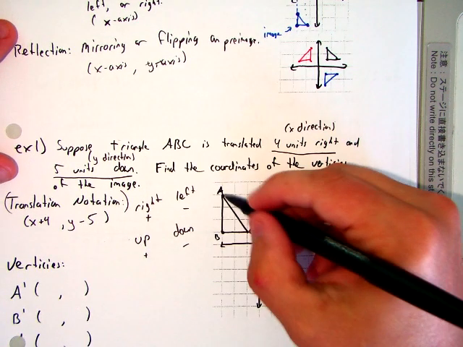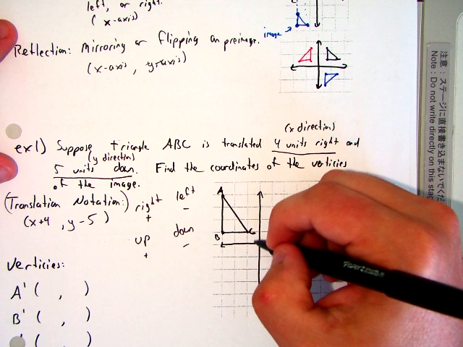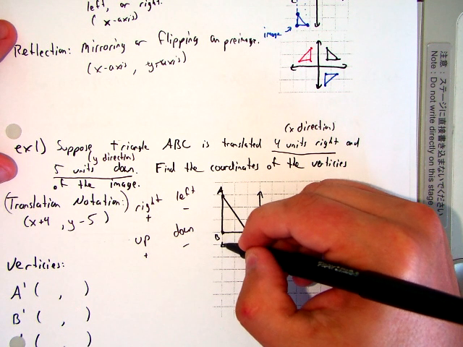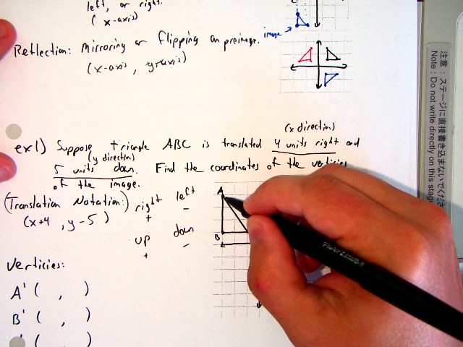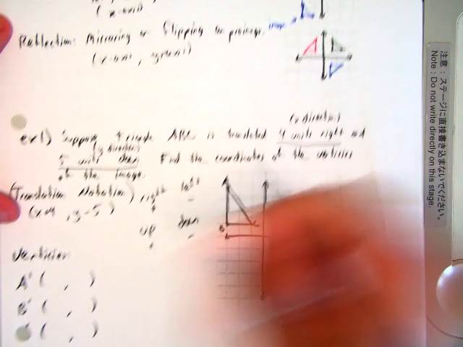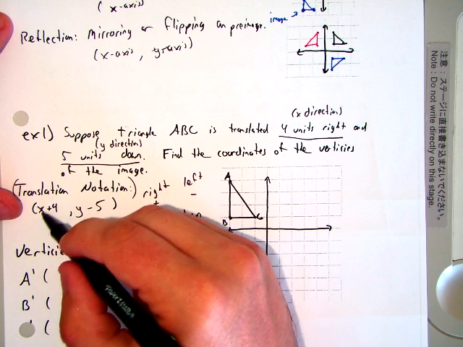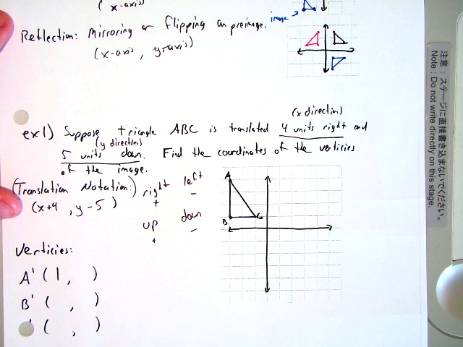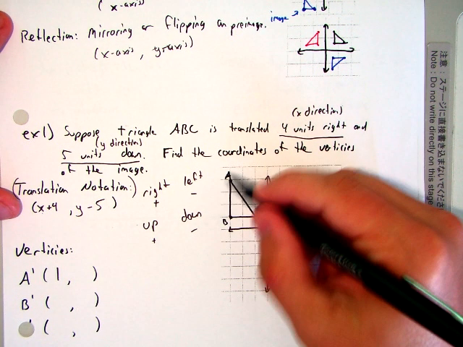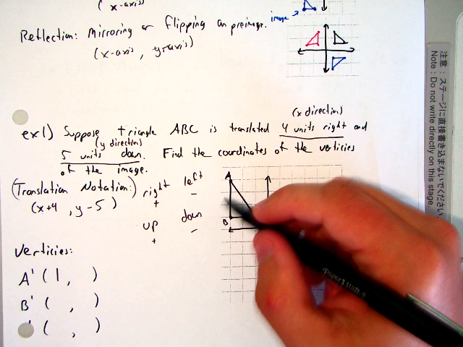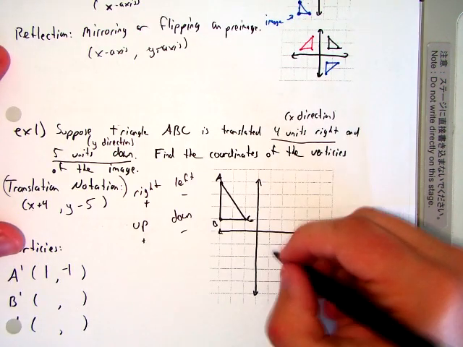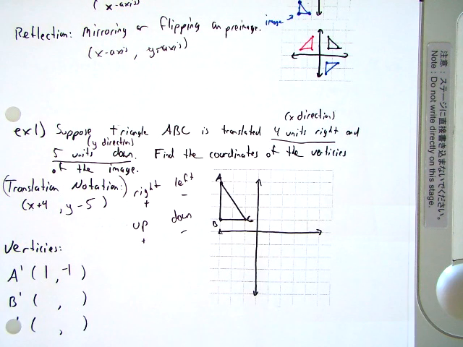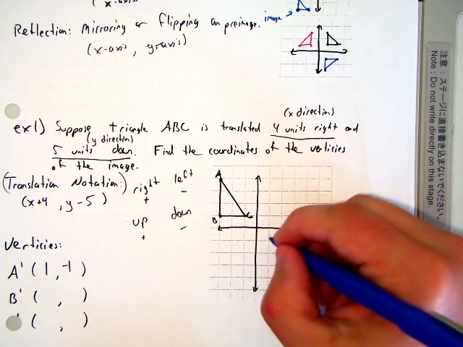So let's look at A, B, and C. A is at negative 1, 2, 3, 1, 2, 3, 4. So negative 3, 4. If I add 4 to the x value, which was negative 3, plus 4 is 1. The y value was 4, so 4 minus 5 becomes negative 1. So this is where A prime is going to be.